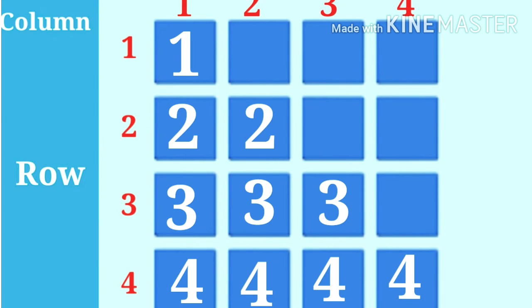In all the places we have to print the value of r. When the row is 4, we have to print the value of row 4 in all the columns 1, 2, 3 and 4. Remember one thing, we have to print the value of r in all the places.